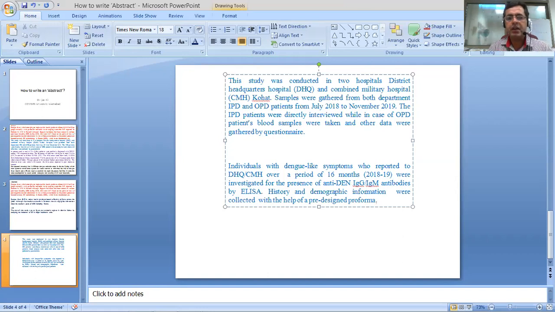Then this is your experimental part. You can also give out there how you analyzed this. So if you don't have space limitations, then you can just write down that the data obtained was analyzed statistically via SPSS or some other statistical software.